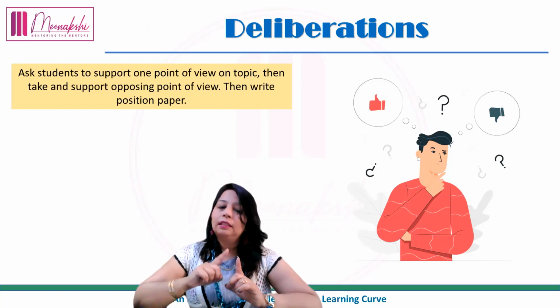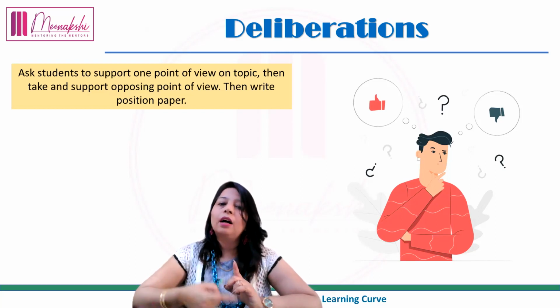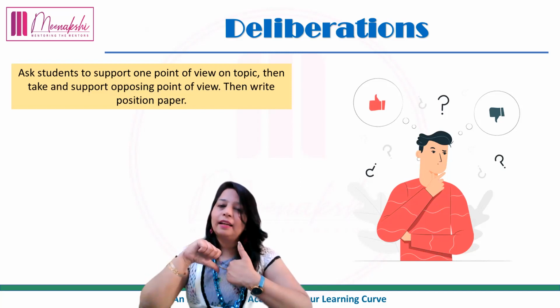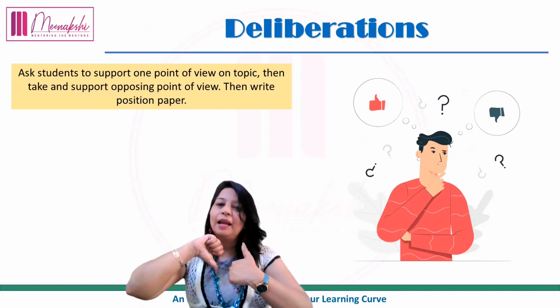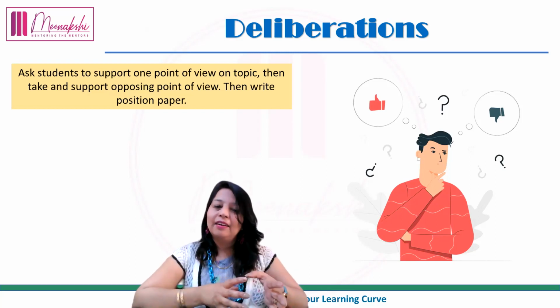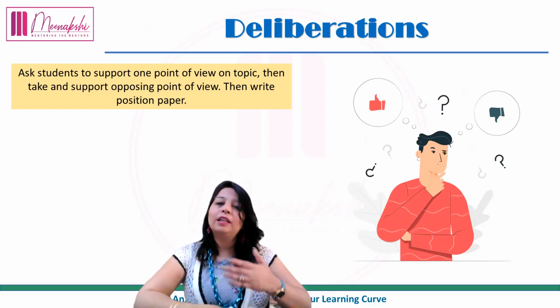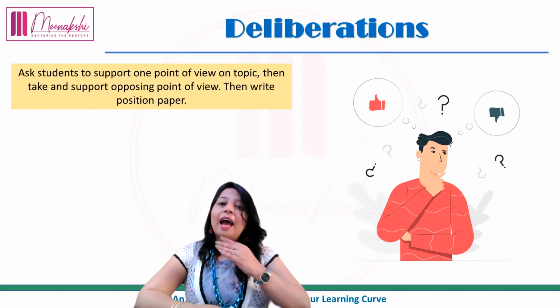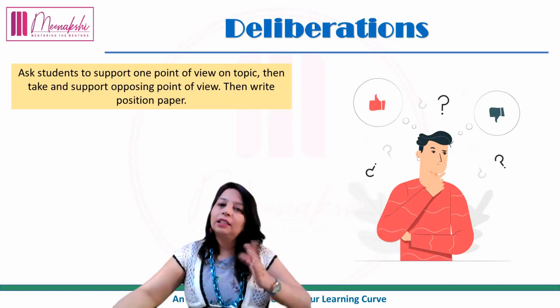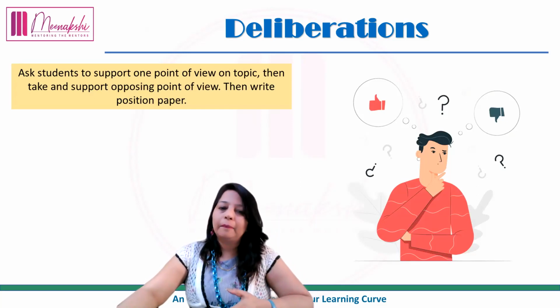The same child will be supporting the opposite point of view, and then he or she will present the position paper, whether they like it or dislike it, whether they agree or disagree. But in both cases, they have to provide the support or the evidence, right? This will let your students think critically and present their thoughts collaboratively and critically as well. You can conduct this as an individual or a group activity as well.